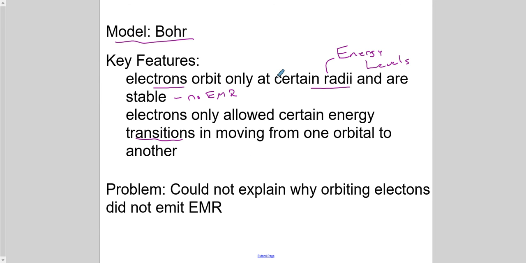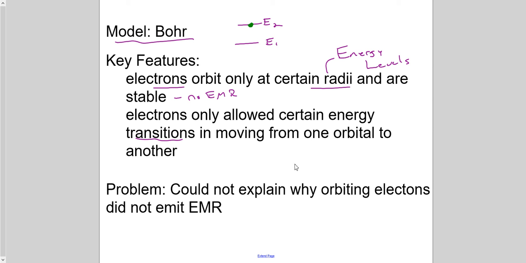So when they move down from one energy level to another, so we'll give you two energy levels here, if you have an electron that starts in the second energy level, when that electron moves down into the first energy level, it emits a photon. In order to get it up to the second energy level, you might hit it with a photon. And we went into this before, Bohr's idea of how emission and absorption spectrum are being produced.